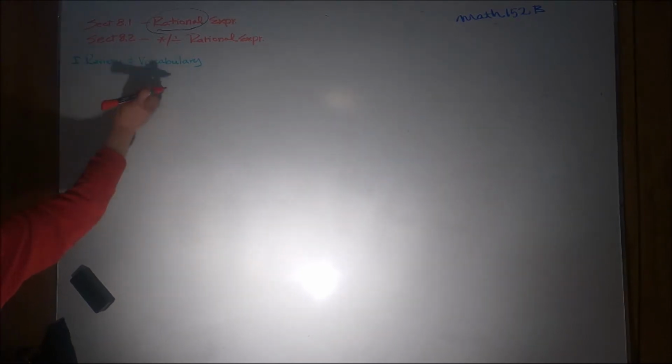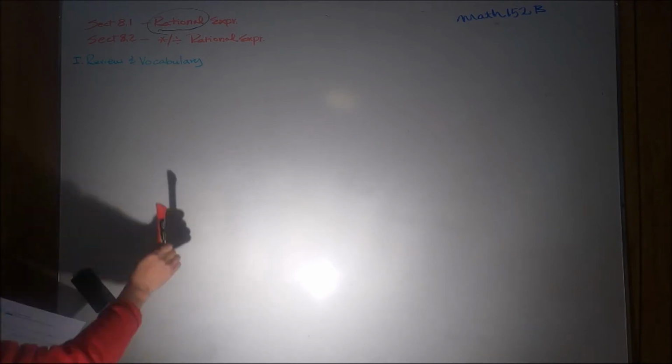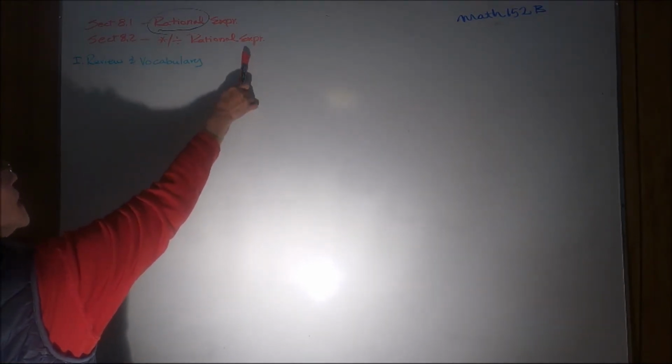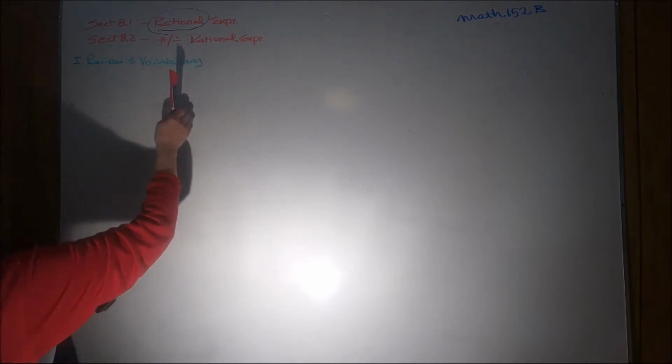We learned things before, like rational numbers. So let's talk about numbers first before we talk about expressions. Expressions are algebra language, okay? So let's talk about rational numbers first.